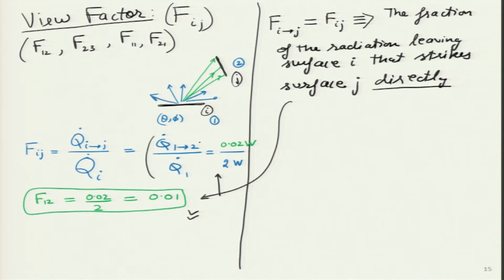What we are talking about in terms of F_ij is a fraction. A fraction will have a numerator and a denominator. The denominator is the total heat which is radiated by surface 1, and the numerator is that particular radiation which leaves surface 1, as is mentioned over here, and it strikes surface 2 directly.